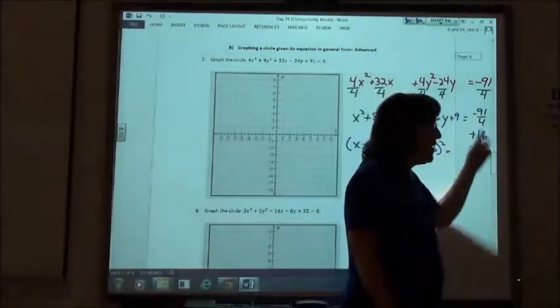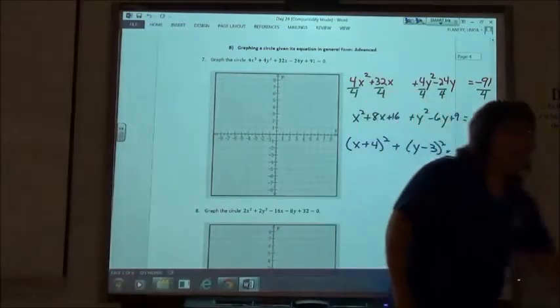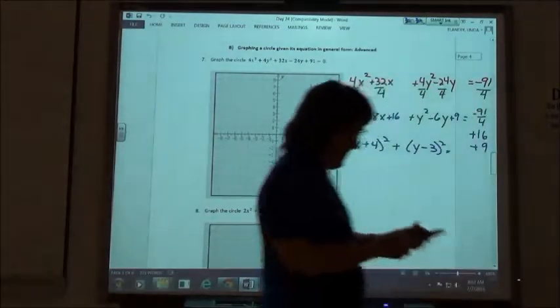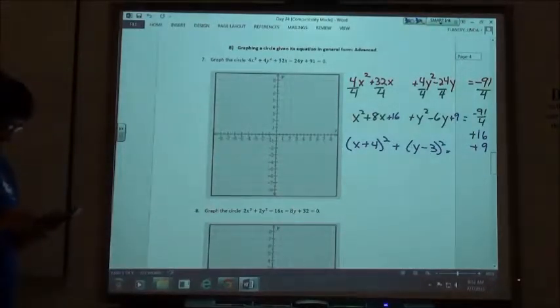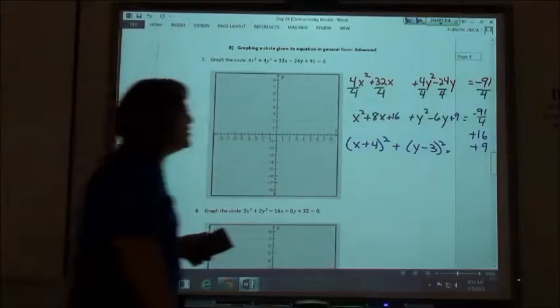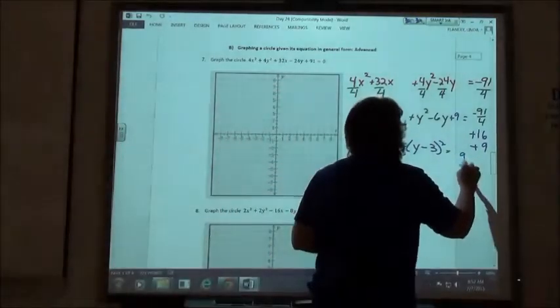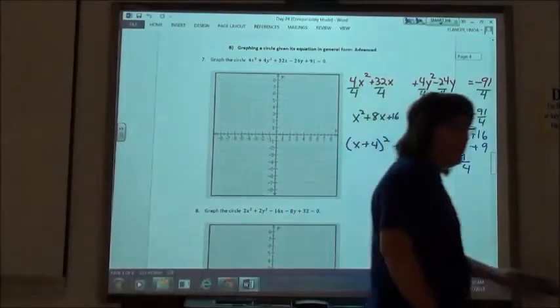I'd probably just grab my calculator, otherwise you got to make your common denominator 4. So if I do negative 91/4 plus my 16 plus my 9, and I'm going to change it to an improper fraction, I'm going to end up with 9/4.